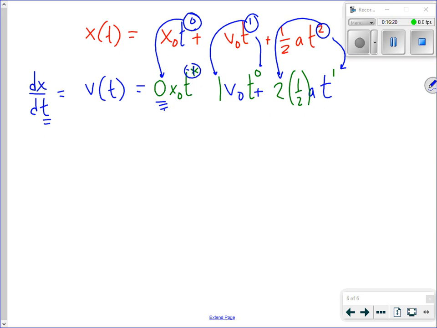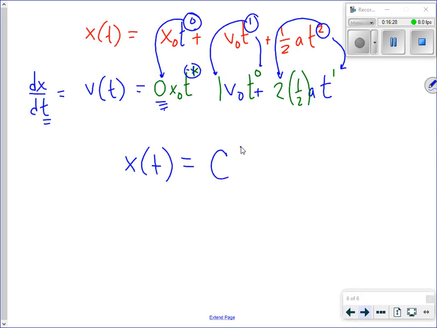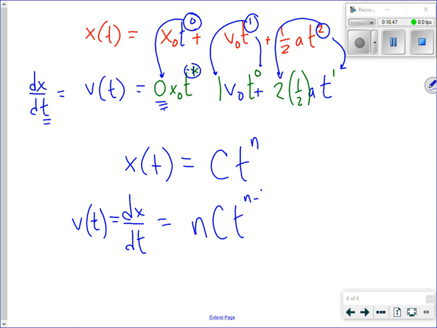So if we say that x as a function of t is some, I use a c, no, I use a d, c times t raised to the n, then the derivative of x with respect to t, which in this case is the instantaneous velocity, or velocity as a function of time, the algorithm says we do this: n times c times t to the n minus 1.